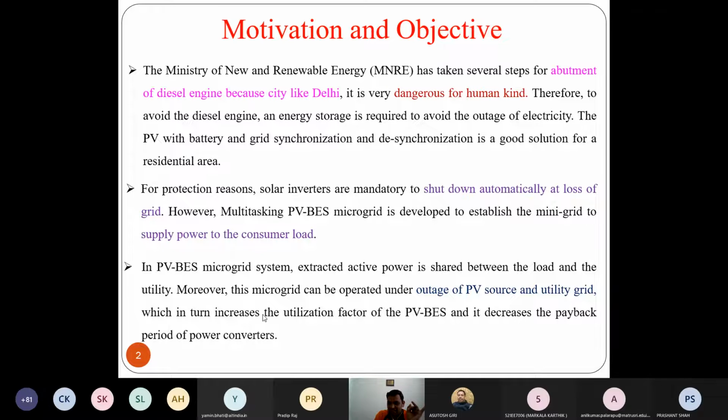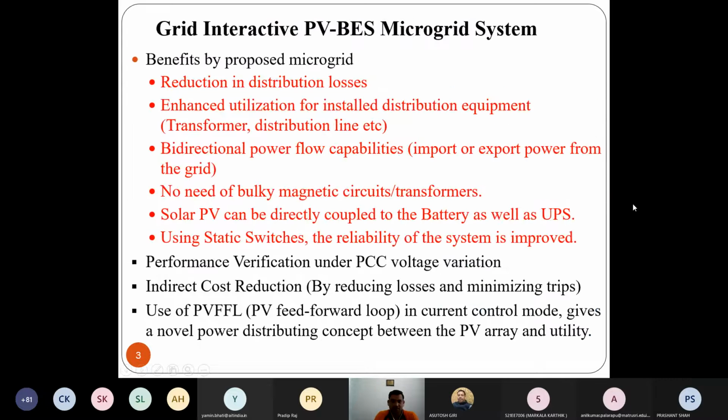I'll discuss this in a coming slide: how we are going to increase the utilization factor of the power converter. The power converter is nothing but a voltage source converter, which we have used for transferring power and for additional features.